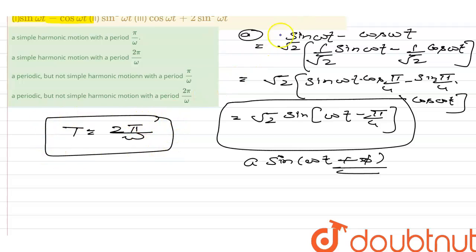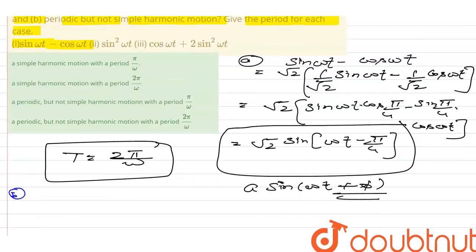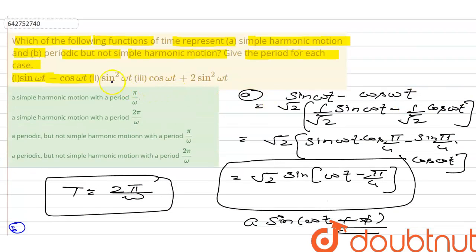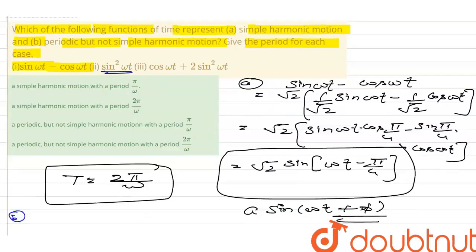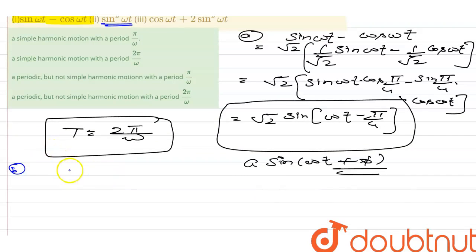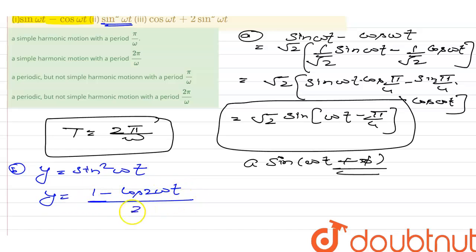Now, if we talk about the second part, that is sin square omega t. Let y be equal to sin square omega t. As we know, sin square omega t is equal to 1 minus cos 2 omega t divided by 2.